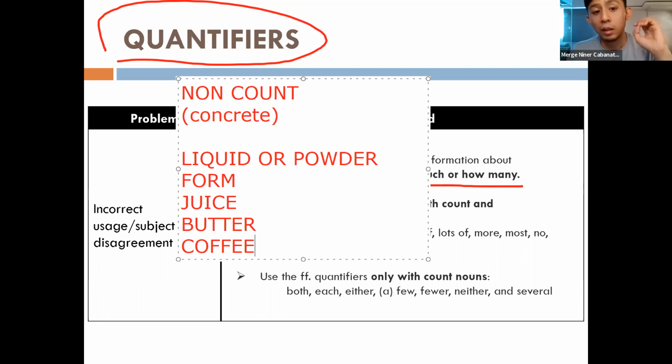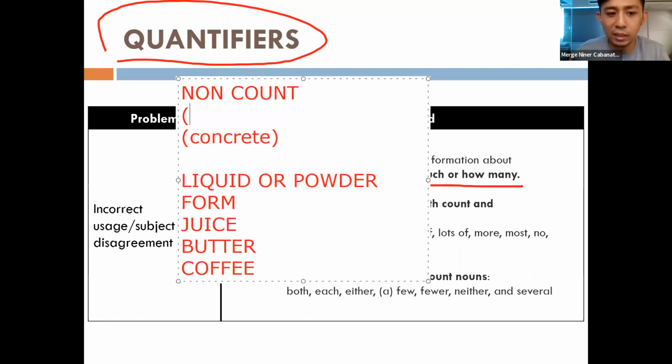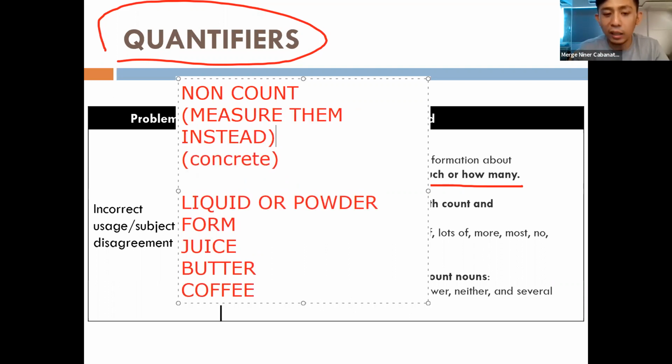Now, kung hindi po natin sila pwedeng bilangin, because non-count technically you cannot count, kaya nga yung name is non-count. But there is a loop, there is a strategy that you can measure them instead. Hindi na natin nabibilang ang asukal per piraso, hindi natin nabibilang yung asin. Well, pwede mong bilangin, bahala ka.